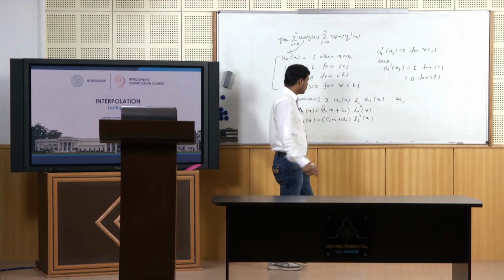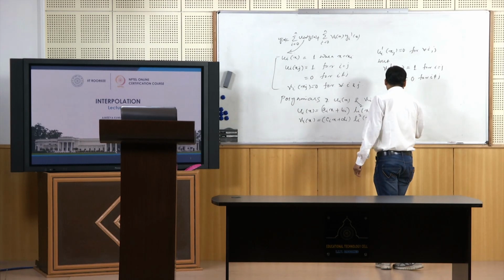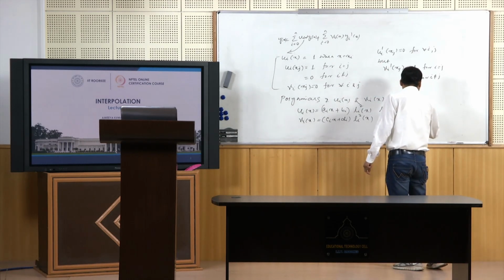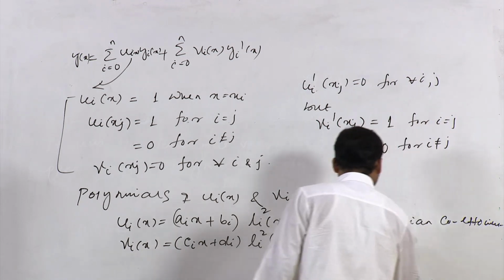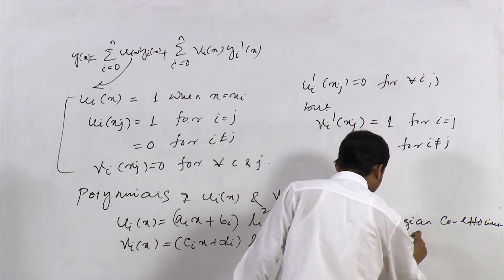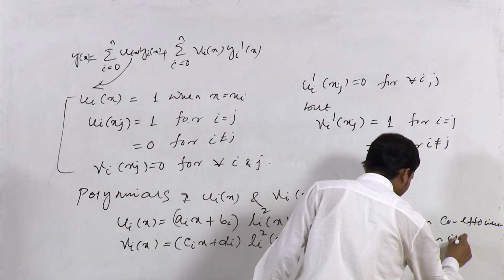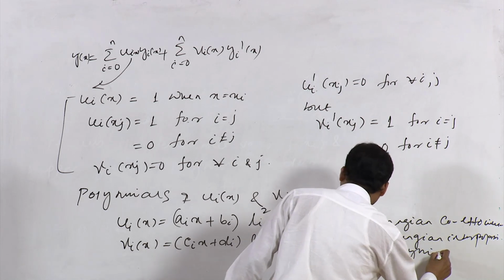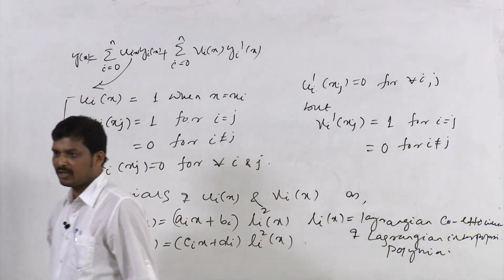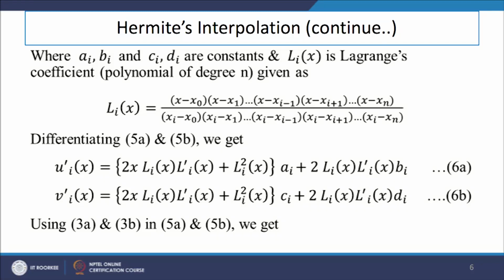And similarly, since l_i(x) is the Lagrangian coefficient of the Lagrangian interpolating polynomial, this l_i(x) can be expressed in the form of (x minus x_0)(x minus x_1) to (x minus x_{i-1})(x minus x_{i+1}) up to (x minus x_n) divided by (x_i minus x_0)(x_i minus x_1) up to (x_i minus x_n).